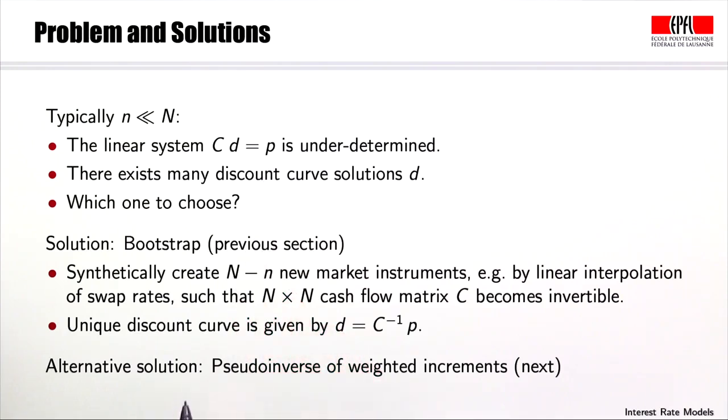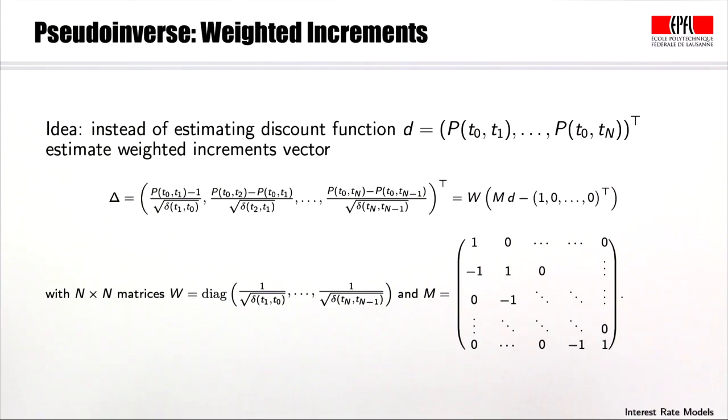As an alternative solution, we will now see what the pseudo-inverse of the cash flow matrix can tell us. Here is the idea. Instead of estimating the discount function D directly, we estimate instead a vector of weighted increments of the discount curve, as shown here.